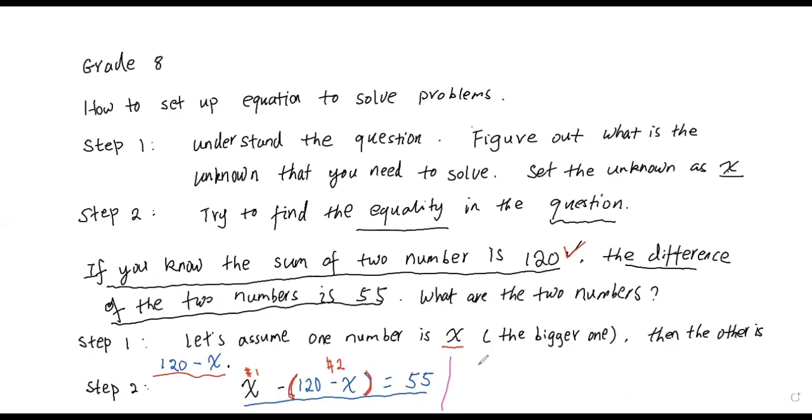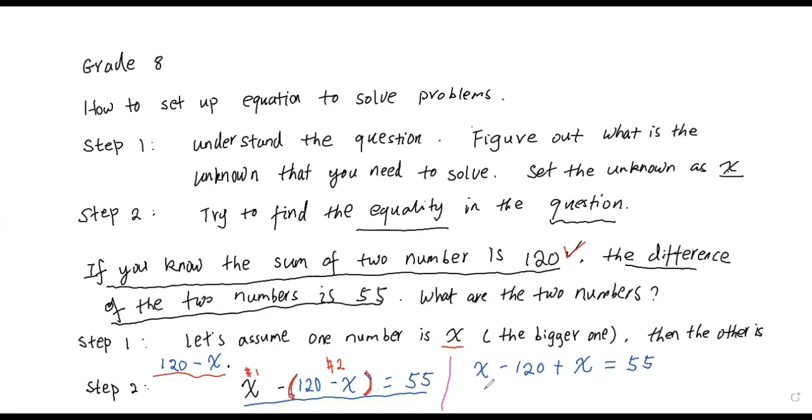So here it becomes x minus, we can open the bracket, 120, and then the minus x changes to plus x on the left-hand side, and then equal to 55.